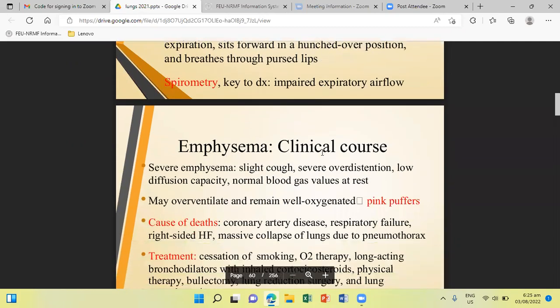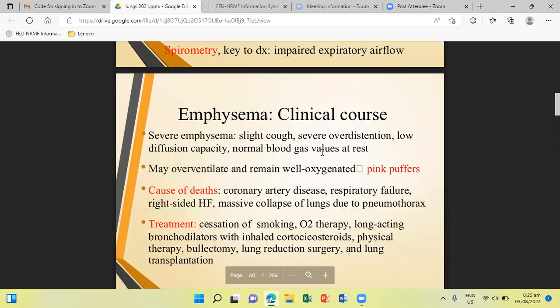So, emphysema clinical course, the cause of death is often as follows. In patients with severe emphysema, they may develop respiratory failure, right-sided heart failure, massive collapse of the lungs, which may be due to pneumothorax. The treatment options are as enumerated.